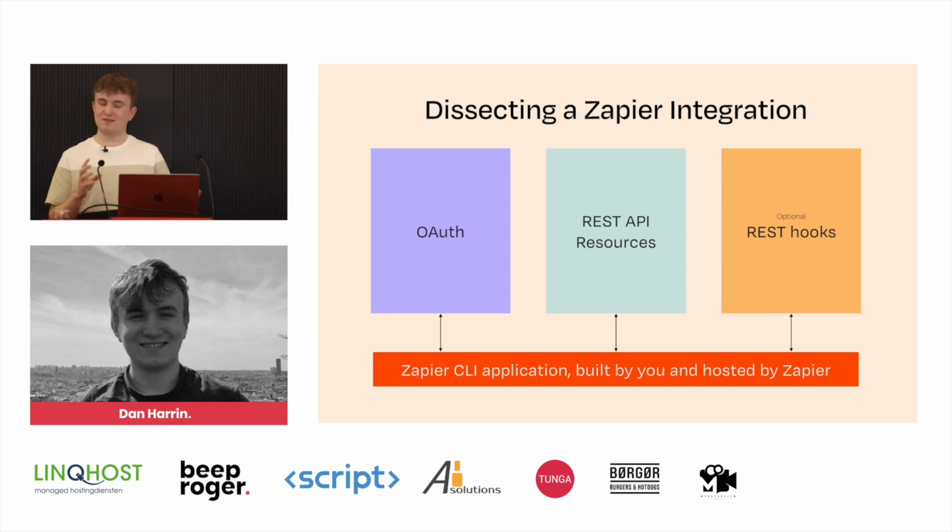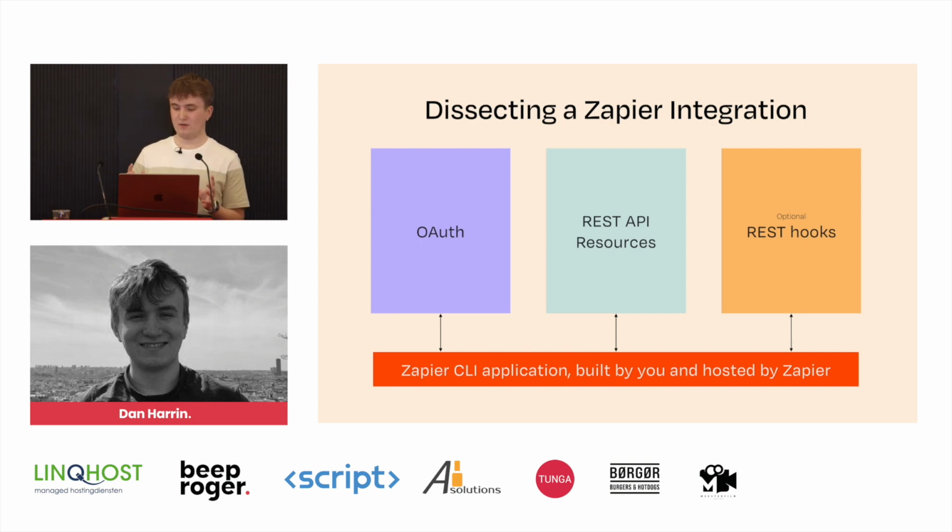But in this case, we don't want our users to be copying webhooks either. So what we can use is a REST API to actually manage those webhooks. So what Zapier will do is it's going to send a subscribe request to your app. And what that's going to do is it's going to store your webhook in your database. And each time something happens, it's then going to send that webhook to Zapier.